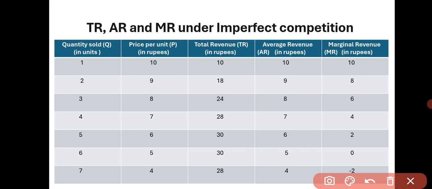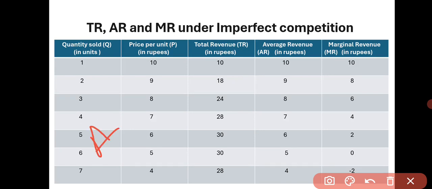So 1 into 10 is 10, 2 into 9 is 18, 3 into 8 is 24. Similarly, it gives 28, 30, 30 and 28 rupees by selling more and more units of the product after reducing the price deliberately. So how is average revenue calculated?